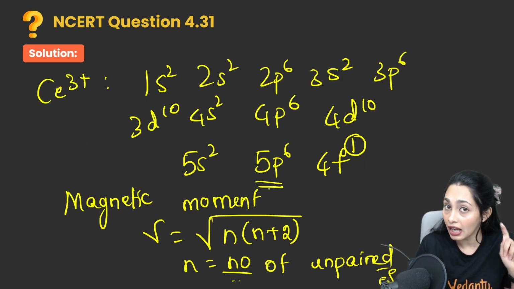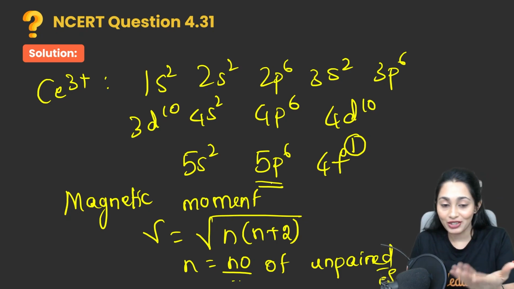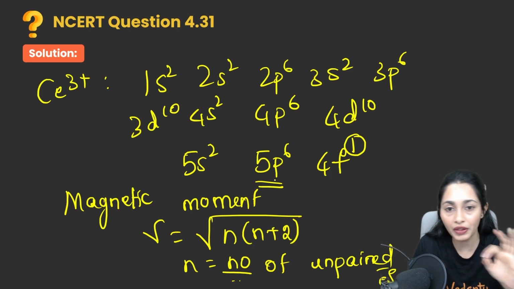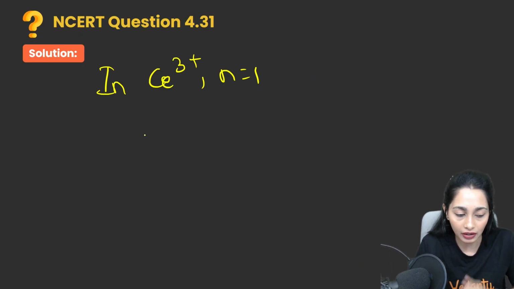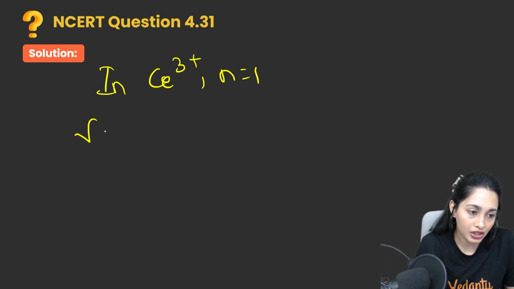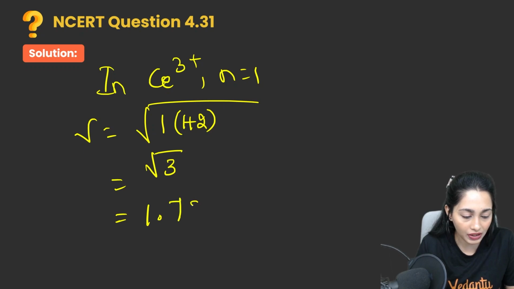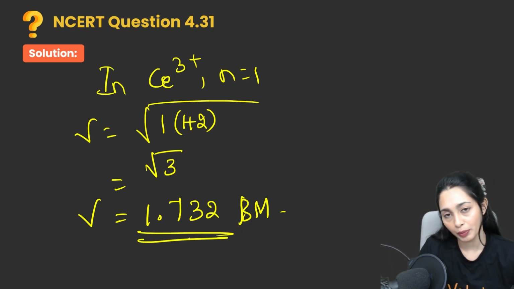The 5p orbital is completely filled, all of them are paired up, so the unpaired electron is only 1. We substitute n by 1. So mu, the magnetic moment, is root of 1 times 3, which is root of 3, that is 1.732 BM. So this is the magnetic moment value.